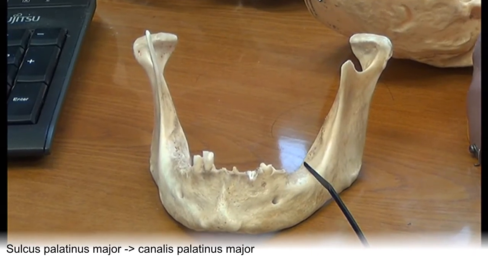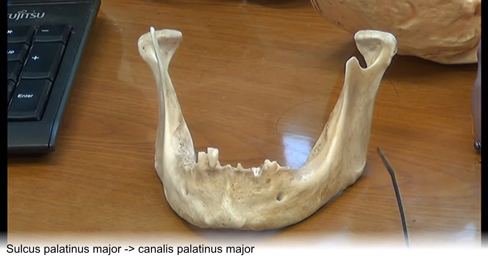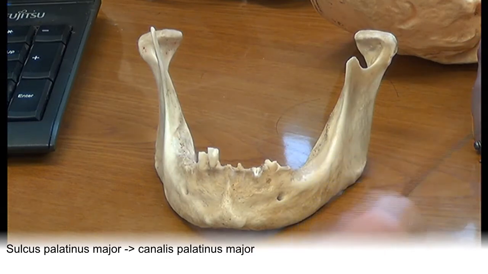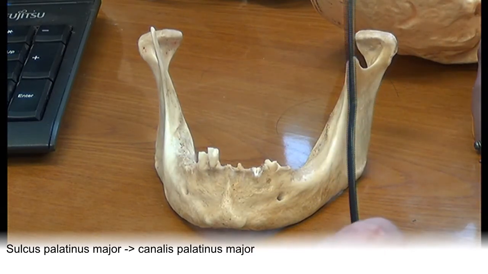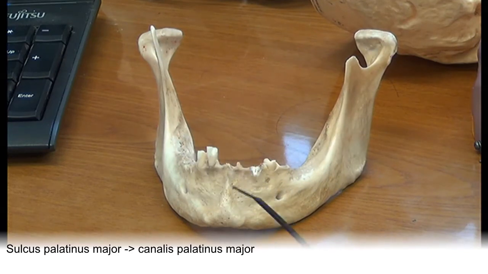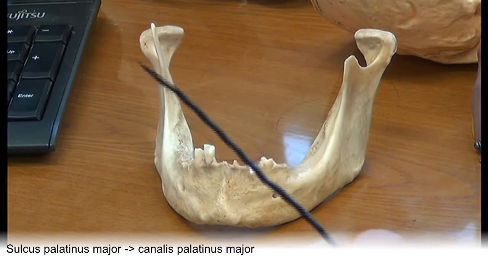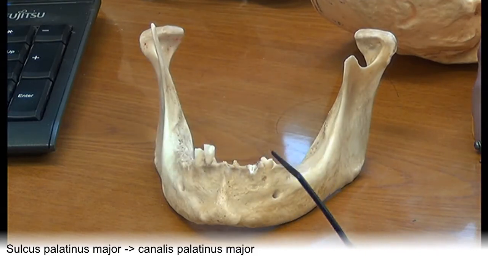This is mandible or mandibula. It's interesting that maxilla is a paired bone. There is left and right maxilla. But mandible is an impar bone. So it was connected from two symmetrical parts before birth. So in an adult person, it's a single bone.